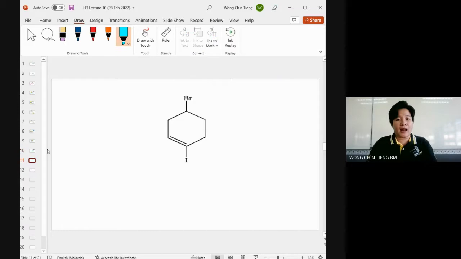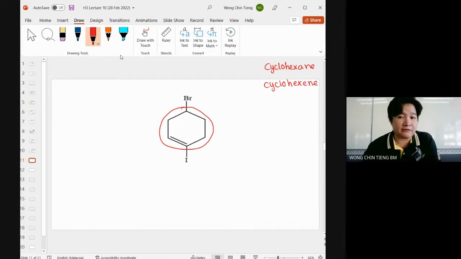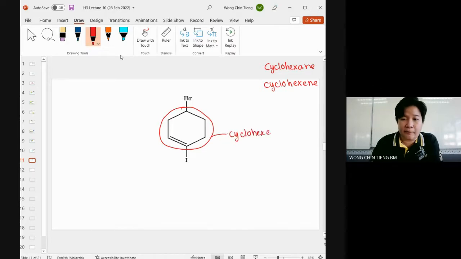Next, what happens when you have a cyclic? So obviously the cyclic will become the parent. That is my cyclohexane kalau nama biasa. So jadi double bond, dia jadi cyclohexene kat sini. One very good thing about cyclo adalah numbering.